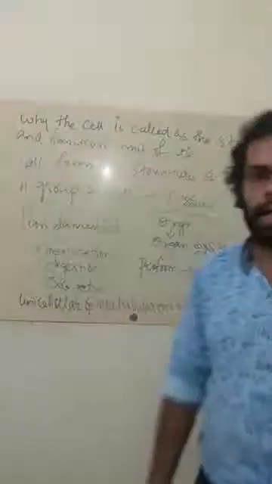Hence cells are referred to as the structural and functional unit of life. That's why it is called structural and functional. We studied all of this in the last class also, but we are revising to get the answers again and again.